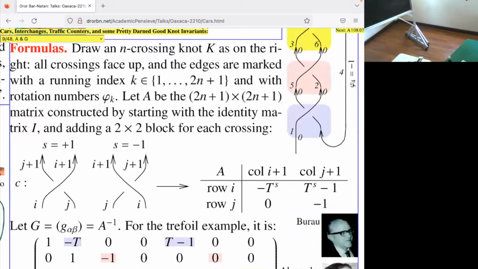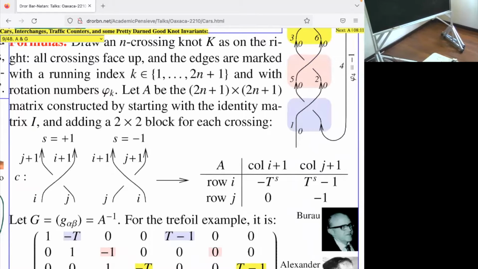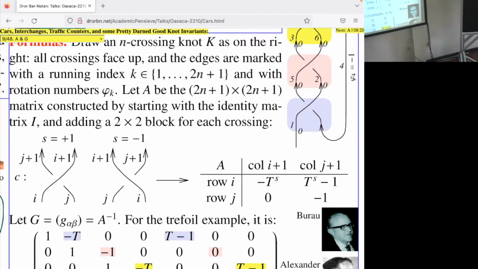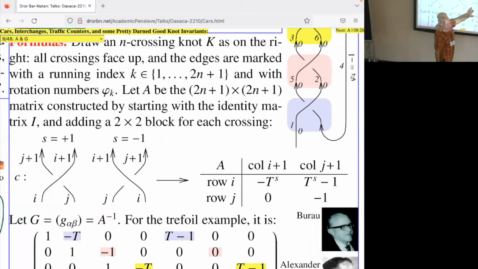Then you make a matrix as follows. You start from the 2n plus 1 by 2n plus 1 identity matrix, I, and then you add to it a 2 by 2 block for each crossing. So each crossing is really 3 integers: a sign S for whether it is positive or negative, the index I of the upper strand, and the index J of the lower strand.